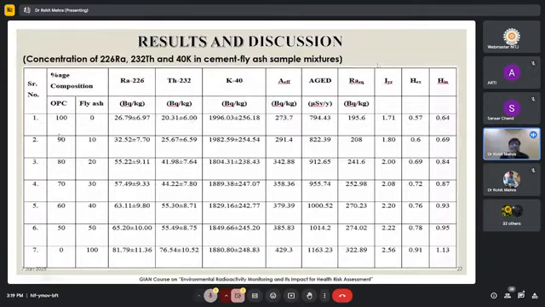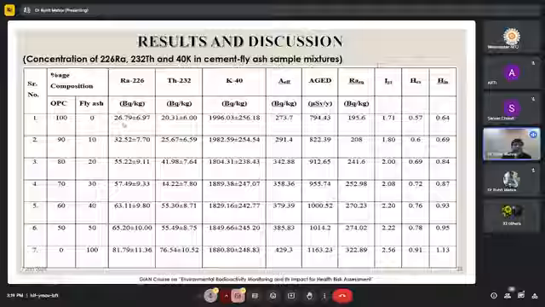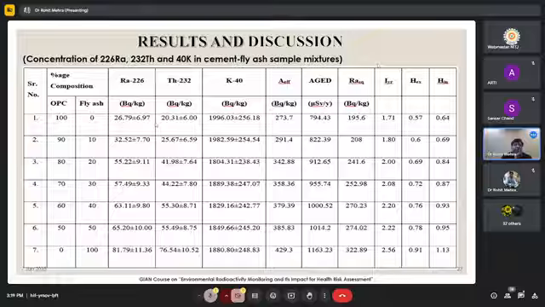So if you see from the results, we tried different batches. We started with 100% OPC with 0% fly ash. Our radium concentration was nearly 27, thorium was 20, and potassium was 2000 roughly. Then we increased the fly ash to 10% by weight and 90% OPC.